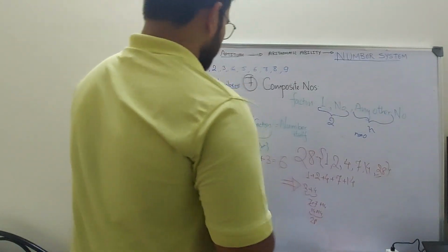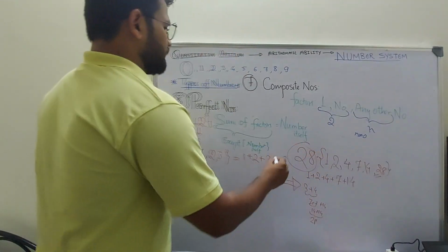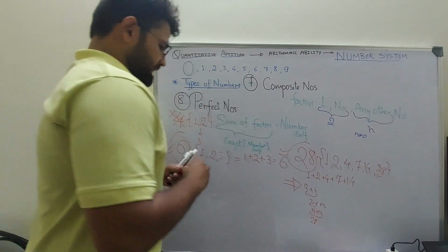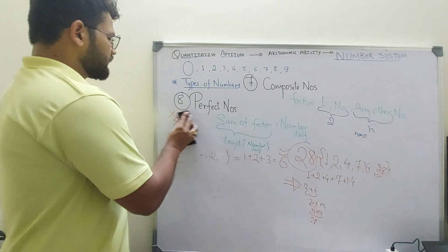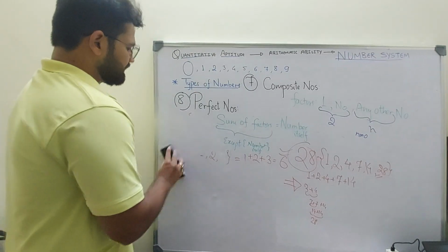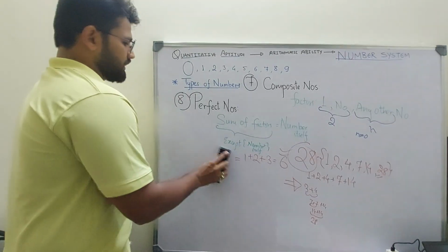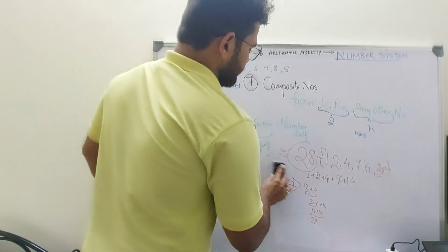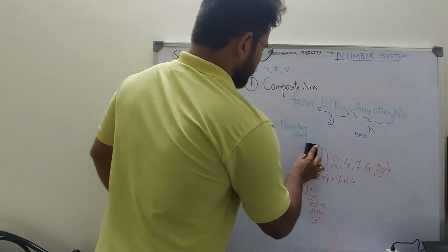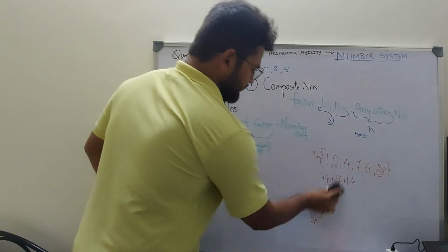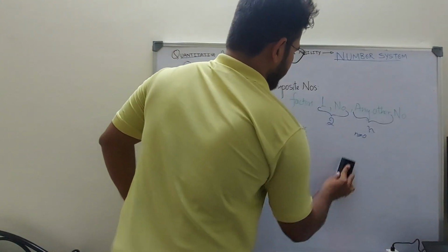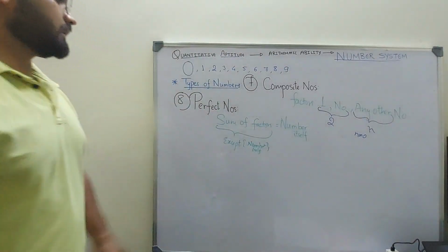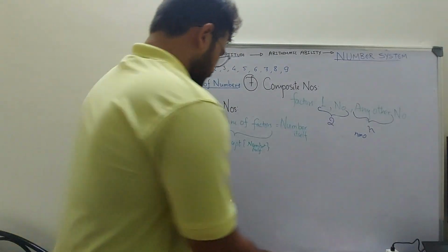So 28 is also a perfect number. I hope it is clear with the examples. If you want, you can consider 3-4 more examples. You just check for the number 36. That is one question, and let me know in the comment section whether it is a perfect number or not.